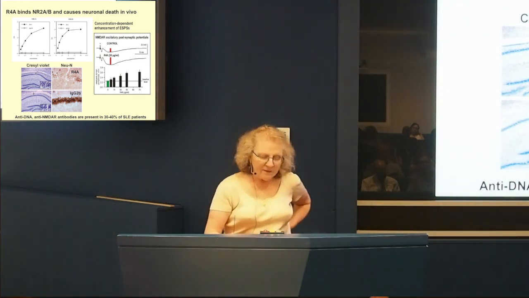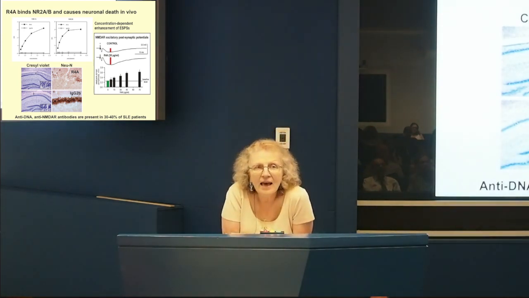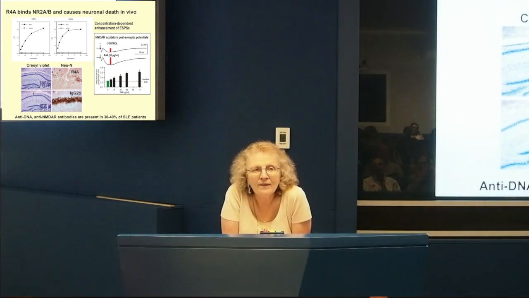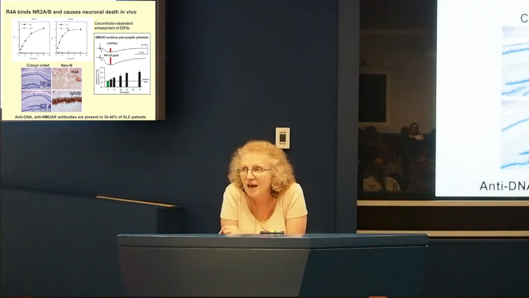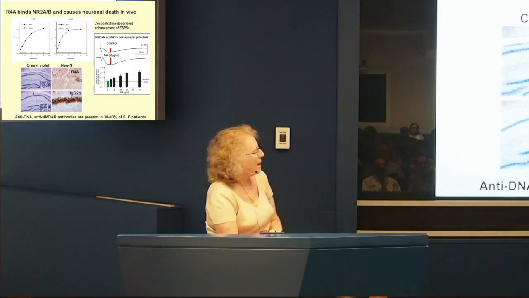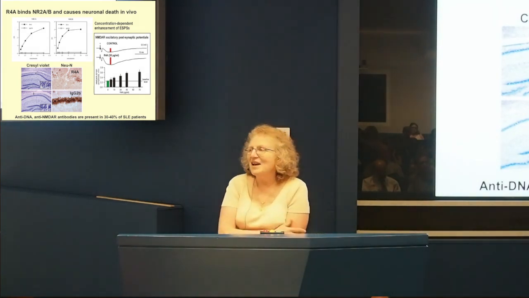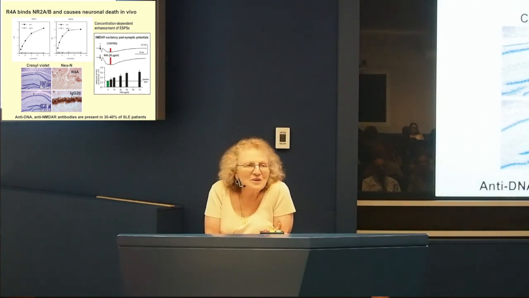What we identified was a subset of these antibodies that bound to a 5 amino acid sequence present in the NR2A and NR2B subunits of the NMDA receptor. You're neuroscientists, so you know much more than I do about NMDA receptors. They're receptors for the neurotransmitter glutamate.